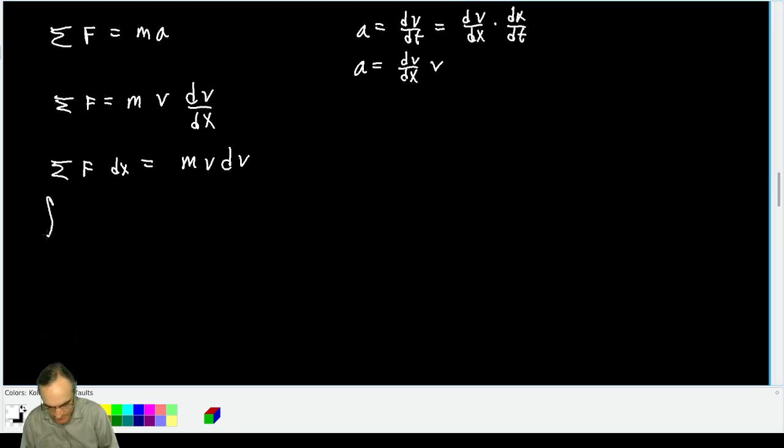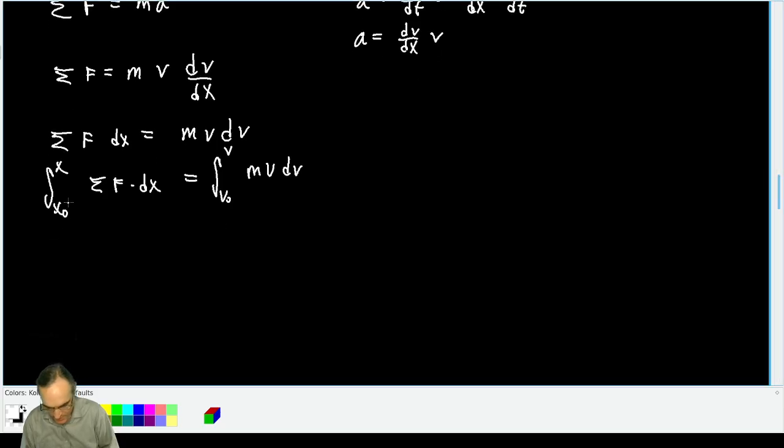Now we'll integrate both sides. We'll start at some initial position and end at a final position for the force times dx. And on the other side, we'll integrate from some initial velocity to our final velocity, mv dv. On the first side, this is the simplified definition of work where we're not worrying about the vector nature of it.